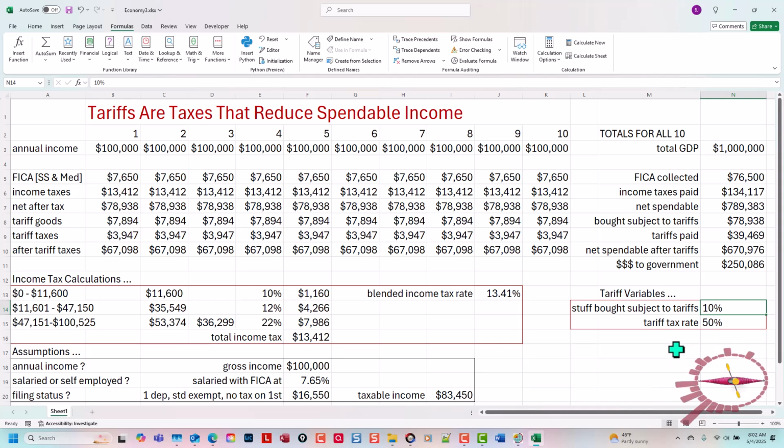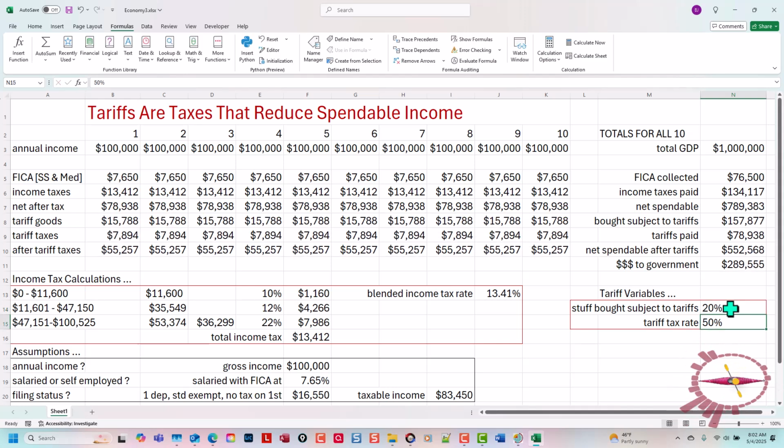And let's suppose that we end up spending a larger percentage of our gross income on items that are imported. Let's say it's 20%, which is not unrealistic. In that case, note that tariff taxes have gone up considerably, and our remaining money has gone down correspondingly. We can take this analysis a little bit further, and let's suppose that we're looking at buying imported stuff only from China.